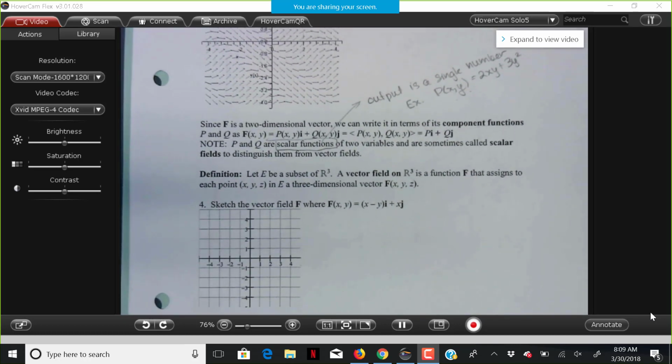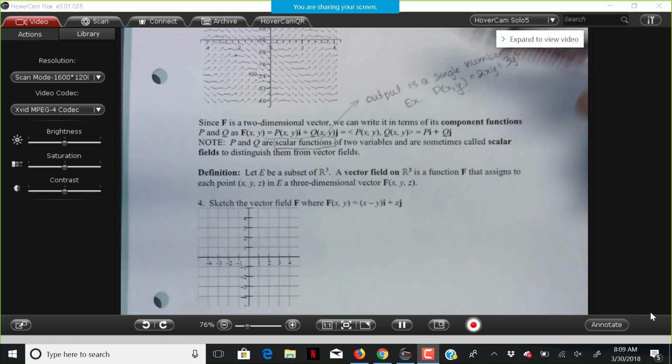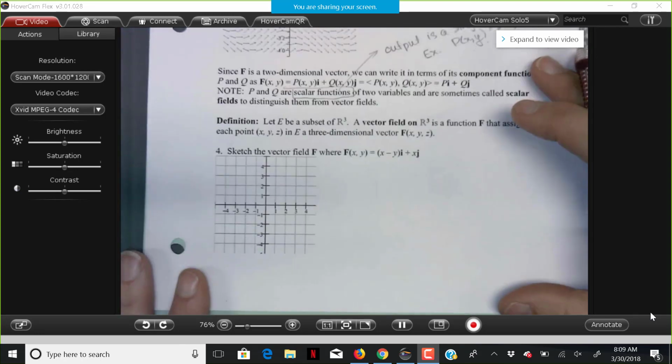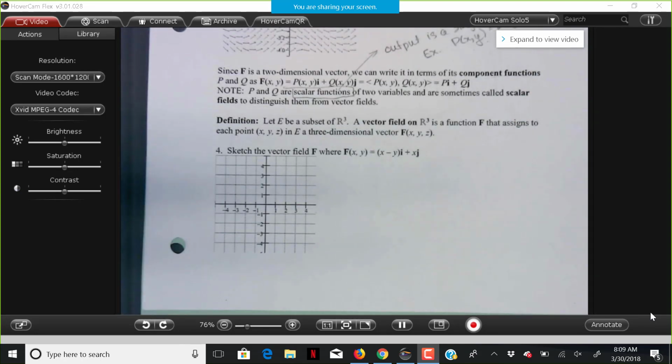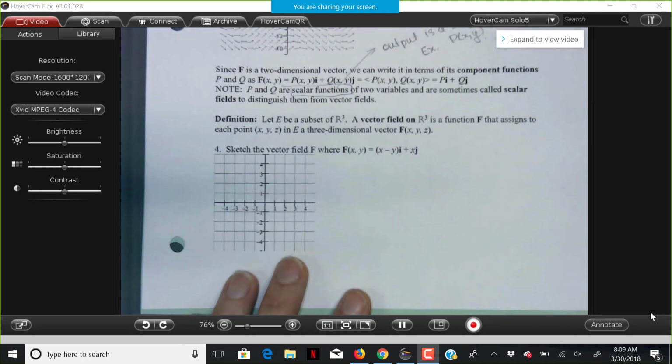I don't ever call them scalar fields, I just call them the component functions. And then the definition of a vector field on R3 is just that you extend it so that you have one more component.